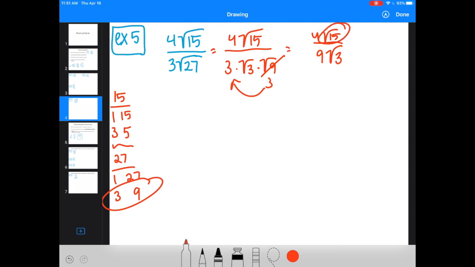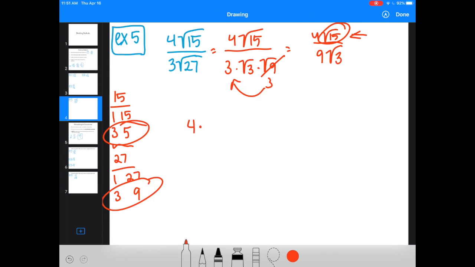Well, it's going to be the square root 15. Remember how when we were doing exponents, if I had the same stuff on top as the same stuff on bottom, I could cancel it out? We're going to use that same property here. So I'm going to divide up my square root 15 into 3 and 5 so I can cancel that radical in my denominator.